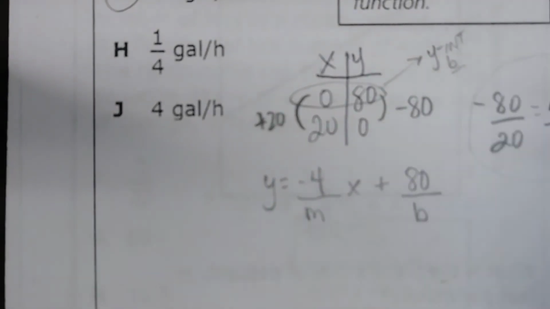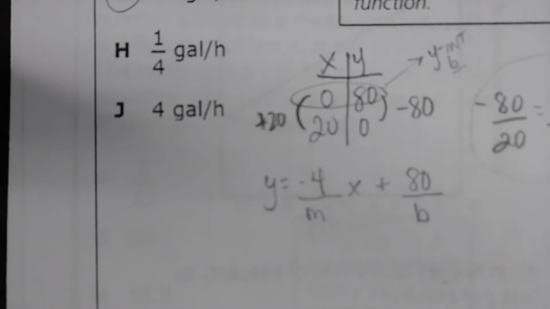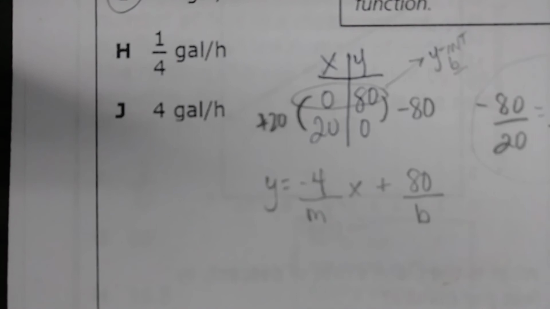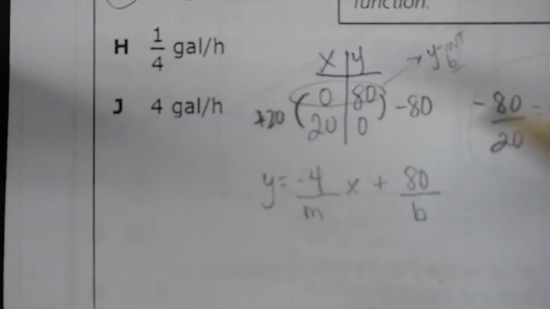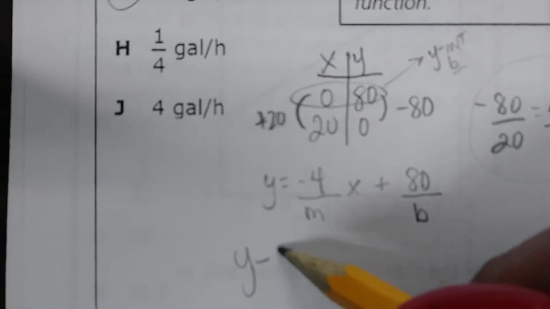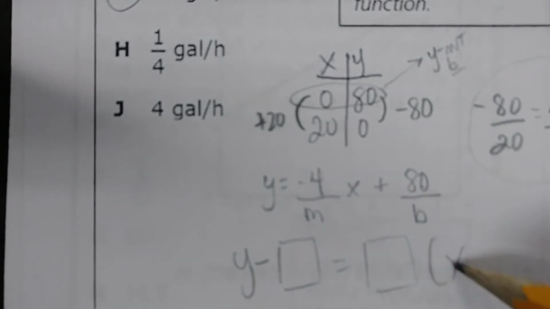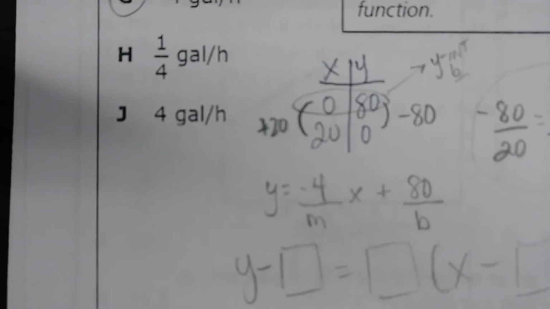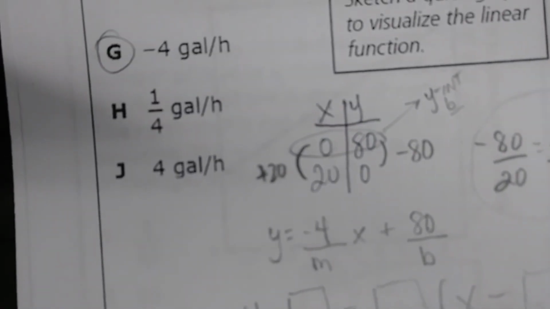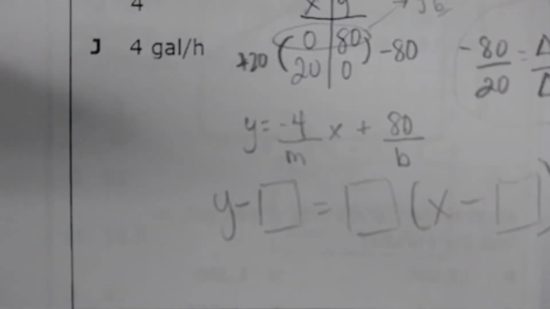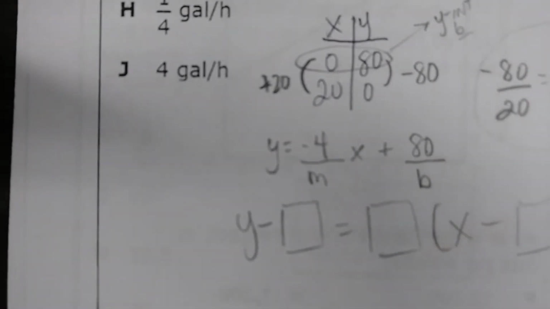Put in the y-intercept, which is B, 80. That means this graph will have a point on the y-axis sitting at 80. Now we need to write this in point-slope form. Okay.